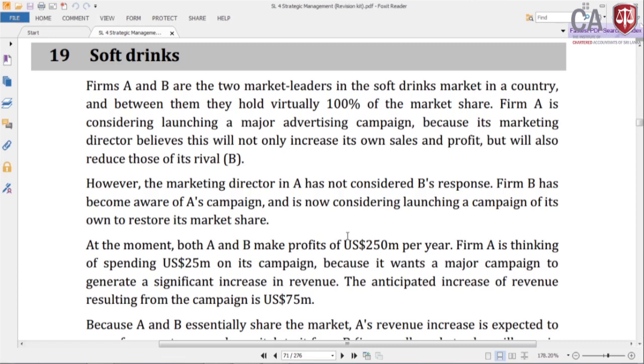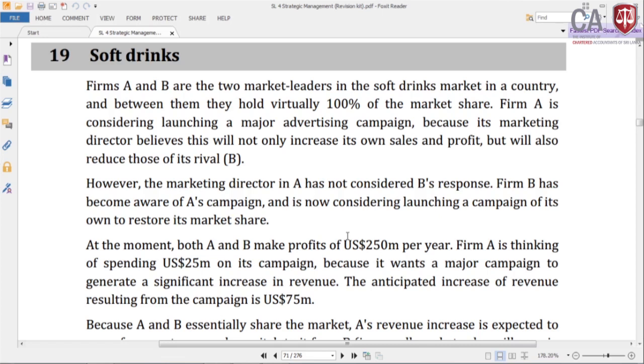Here the objective is to increase their revenue and profit. However, the marketing director in A has not considered B's response. Firm B has become aware of A's campaign and is now considering launching a campaign of its own to restore its market share. They are also now thinking to have a similar campaign.